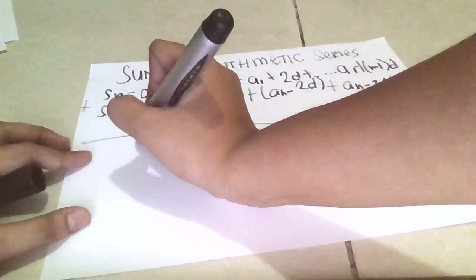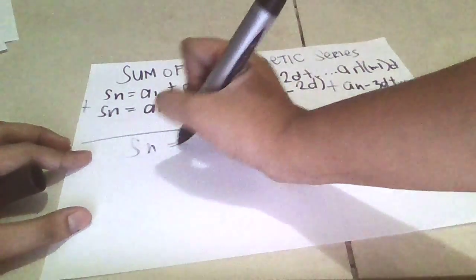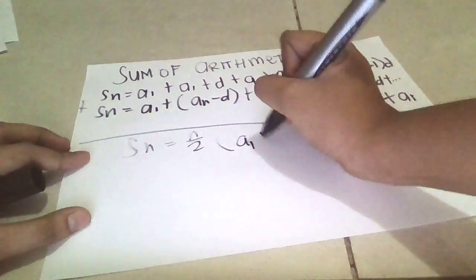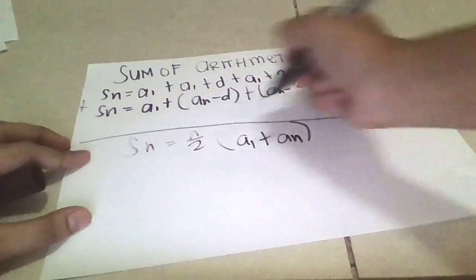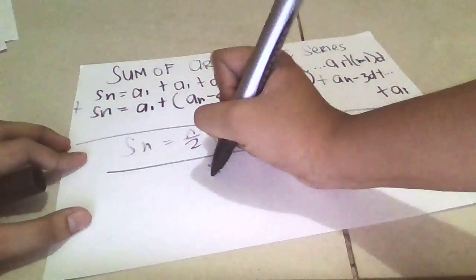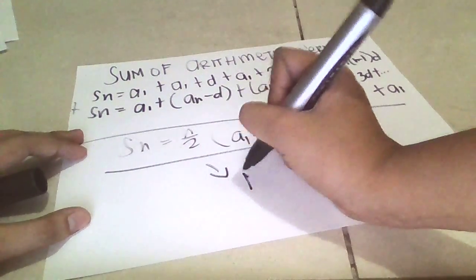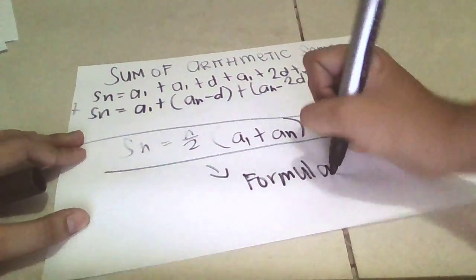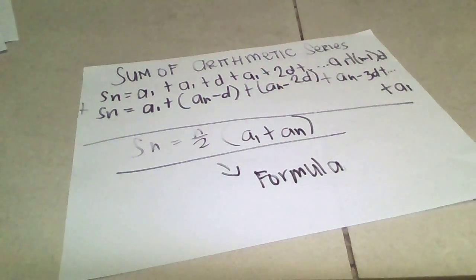Simplifying it, you'll get S sub n is equal to n over 2 times a sub 1 plus a sub n. So this is the formula in finding the sum of the arithmetic series.